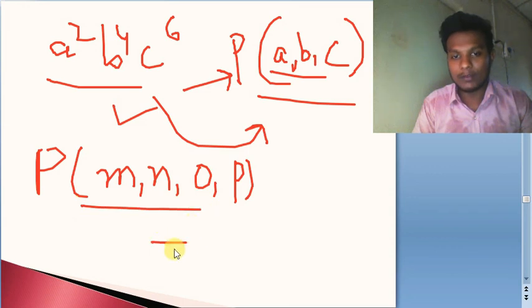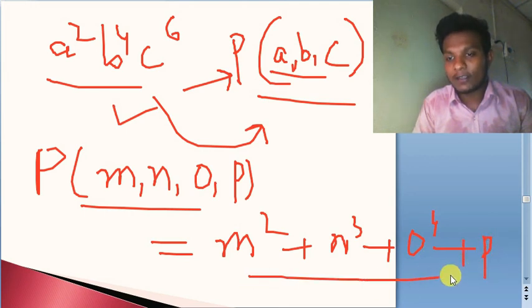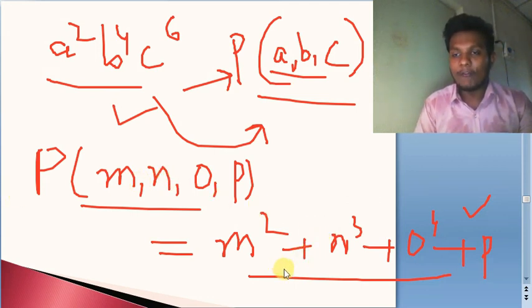So the polynomial should involve all of them, like m squared plus n cubed, o power 4, this is o, not 0, plus p. I am taking random values, no problem. Since my polynomial has 4 variables, I have to write it as p of whatever variables I have, taking them into account. This is what we call the notation of the polynomial depending upon the variables involved.